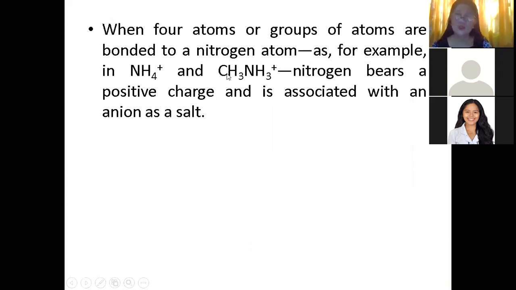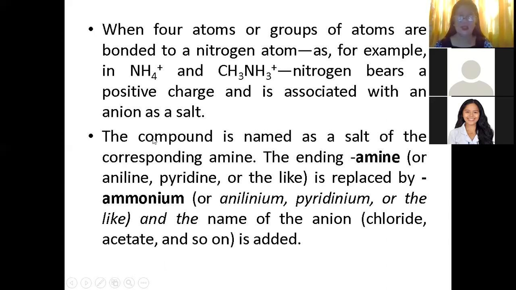So if it is added with an alkyl, still your nitrogen bears a positive charge. Why? Because it is in the form of an ion. So the corresponding compound is in the form of a salt. The ending, of course, is amine. Examples for this are the aniline, dipyrimidine and some more.